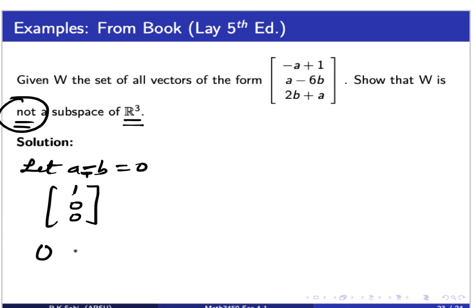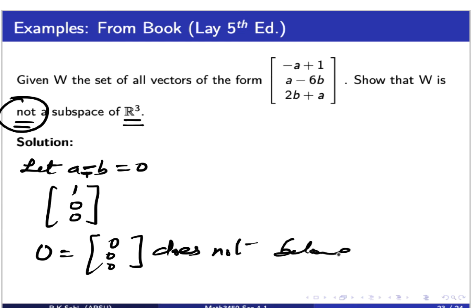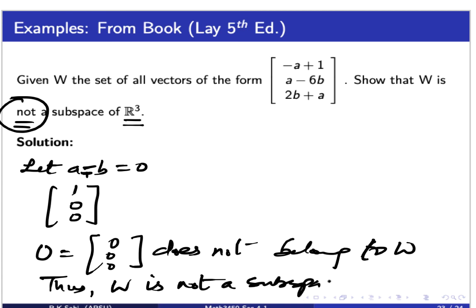So the 0 vector, 0, 0, 0, does not belong to W. And it is one of the most important parts that if it is a subspace, the 0 vector has to belong to that subspace. 0 does not belong to W. Thus, W is not a subspace of R3.